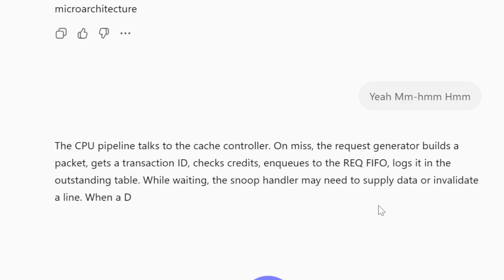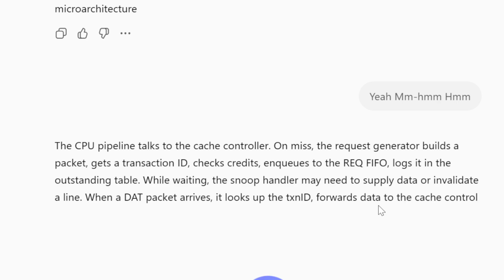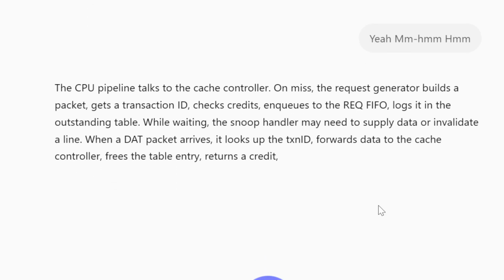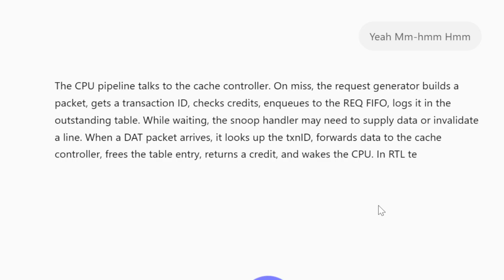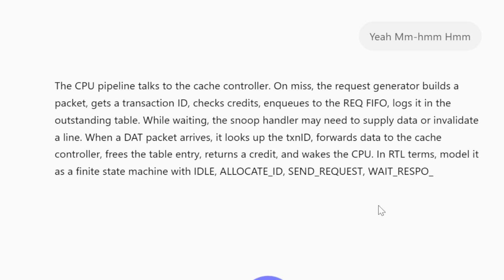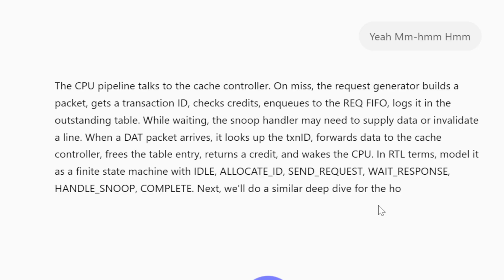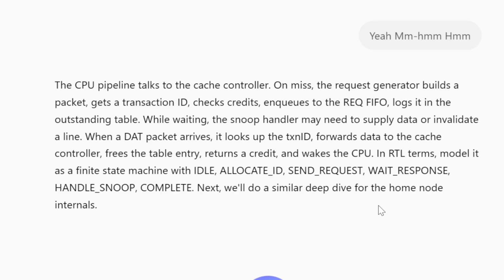When a DAT packet arrives, it looks up the TXN ID, forwards data to the cache controller, frees the table entry, returns a credit, and wakes the CPU. In RTL terms, model it as a finite state machine with idle, allocate ID, send request, wait response, handle snoop, complete. Next, we'll do a similar deep dive for the home node internals.